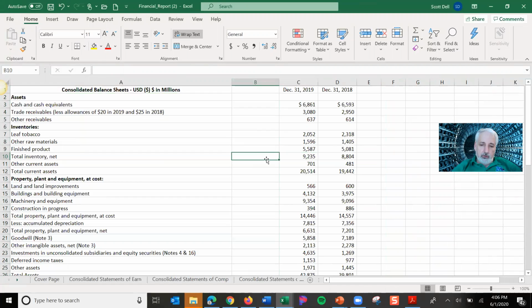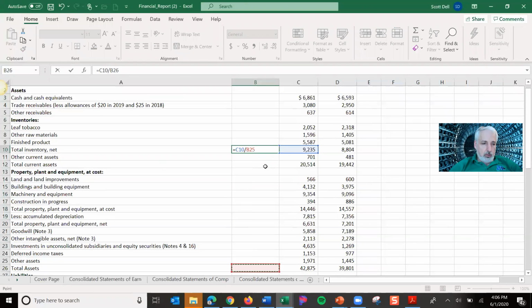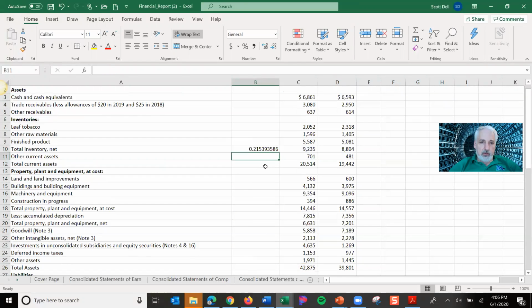I say equals that divided by this number down here, which is my total assets. Let's make that a percentage. I get about 22% of my balance sheet being inventory. 22%, that's a lot.